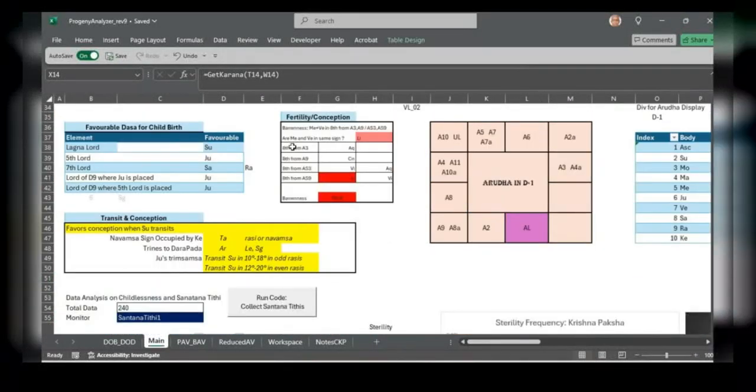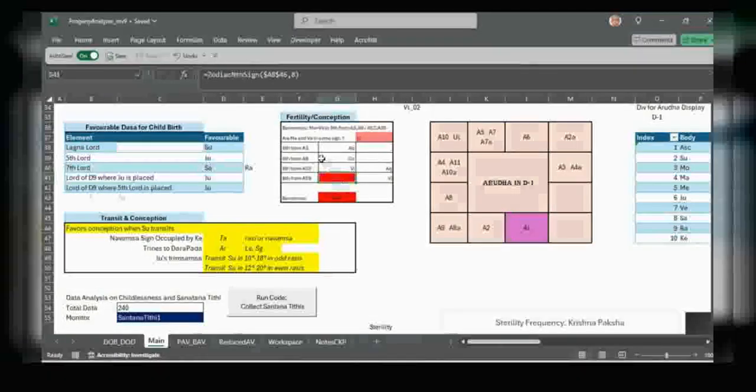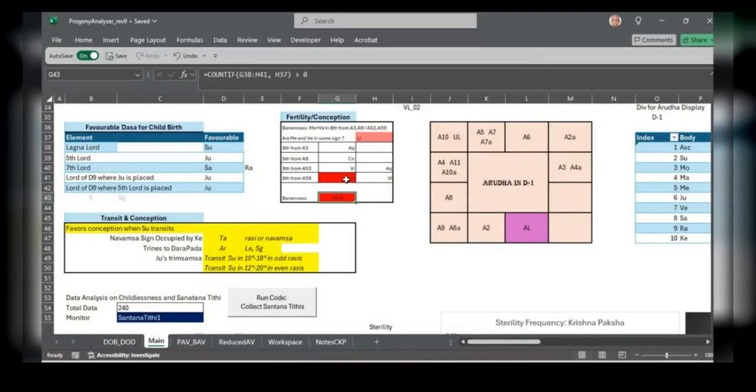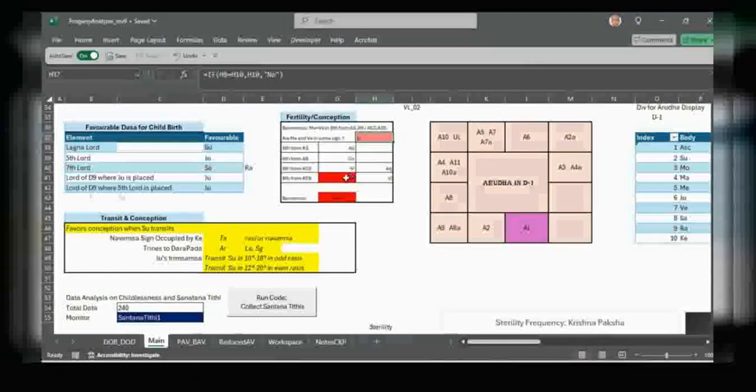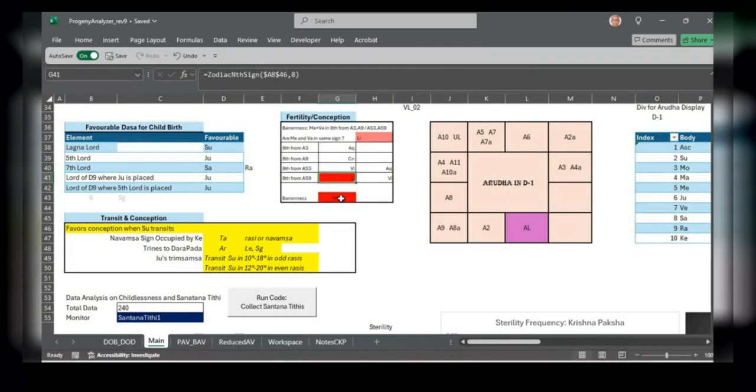This part is the A3, A9 and AS3, AS9, as I told you already. The 8th from that, if it happens to be the 8th from AS9, Mercury and Venus in the same sign, then childbirth is doubtful.